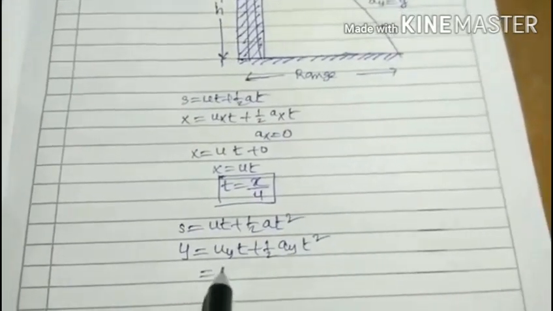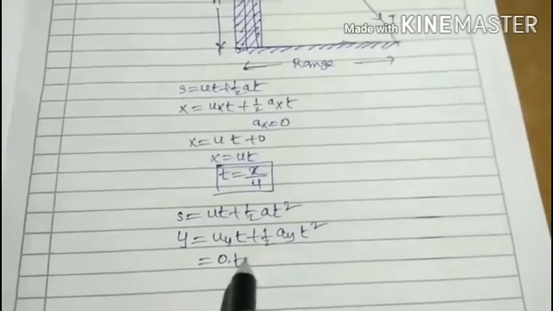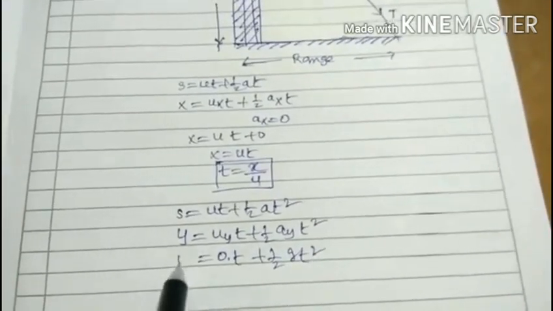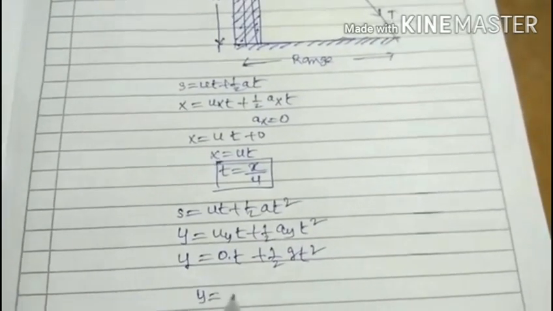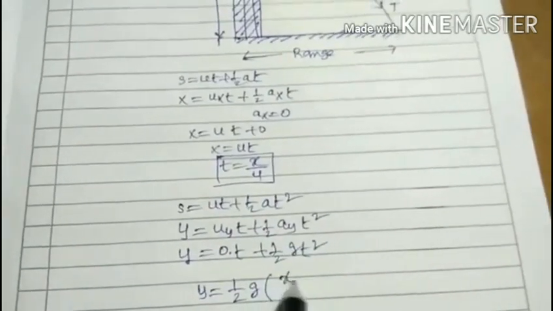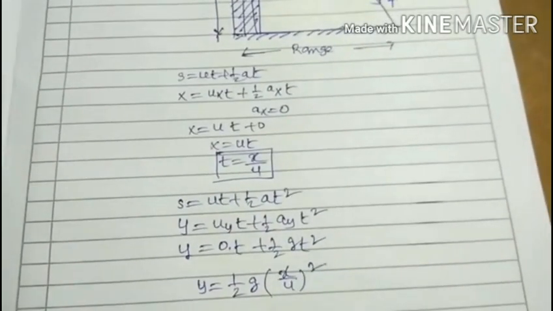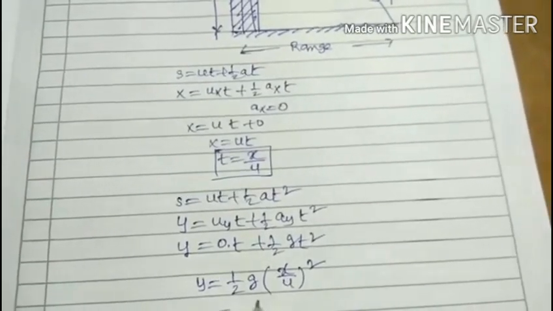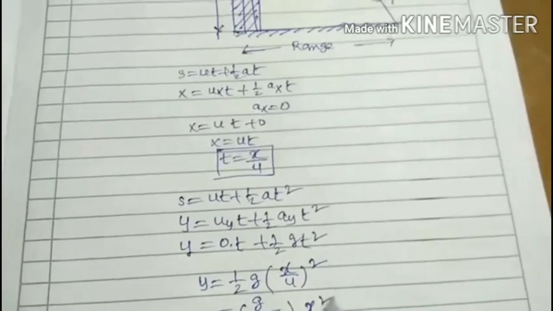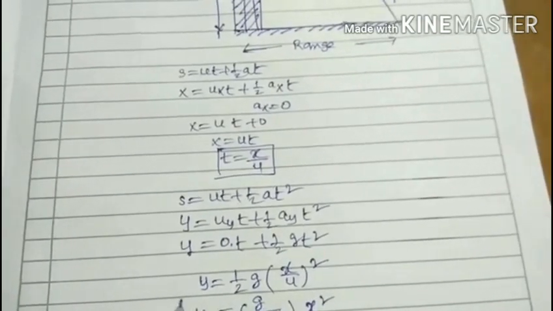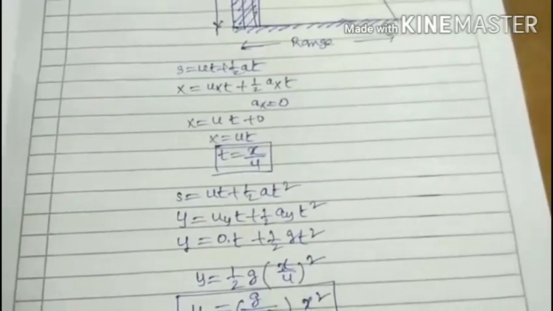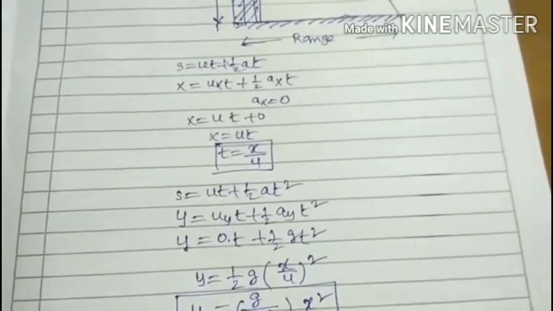Here uy is equal to 0, so y is equal to 1 by 2 g t square. Substituting t as x by u, y is equal to 1 by 2 g into x by u whole square. This can be written as g by 2u square into x square equal to y. This is the parabolic equation of horizontal projectile motion.